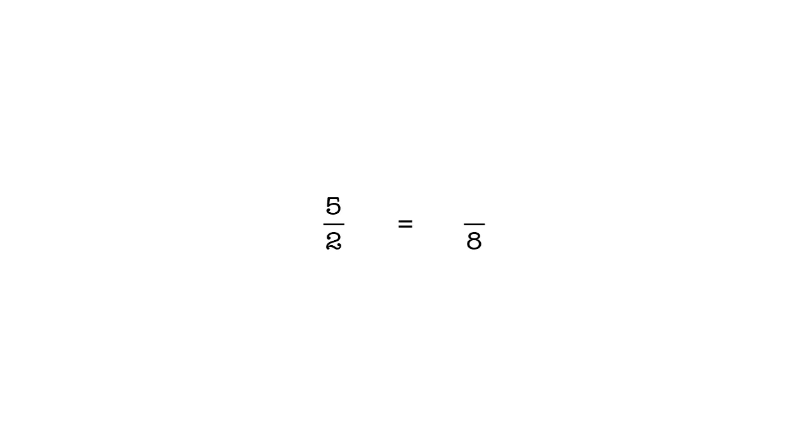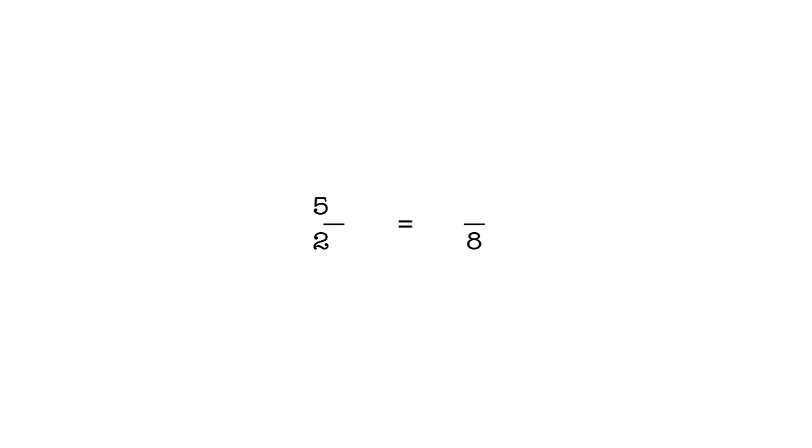Let's look at an example without using the number line. In this case, we want to rewrite the fraction 5/2 with a denominator of 8. First, we want to determine which number we need to multiply the original denominator 2 by, to get the new denominator 8.